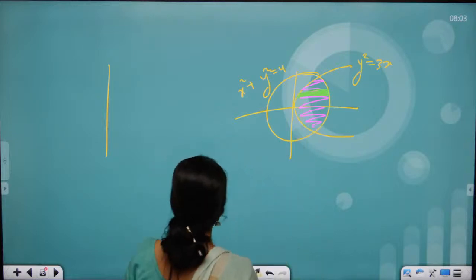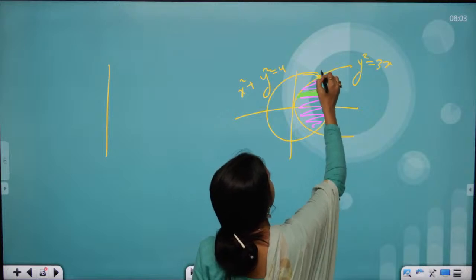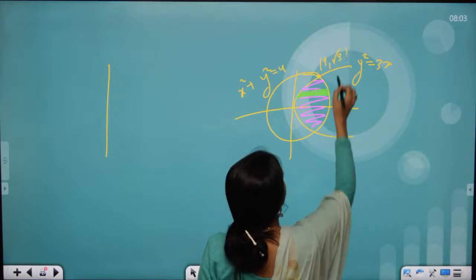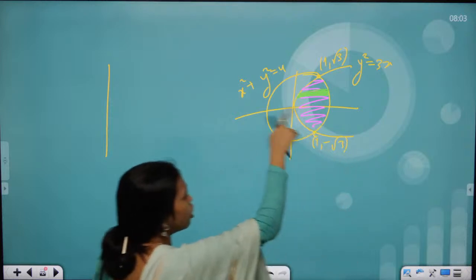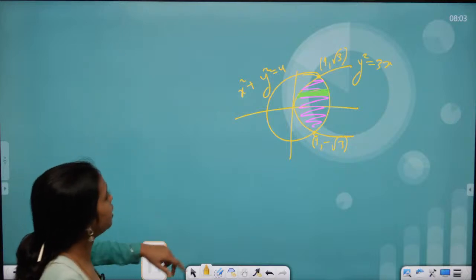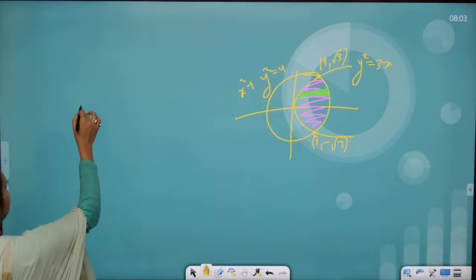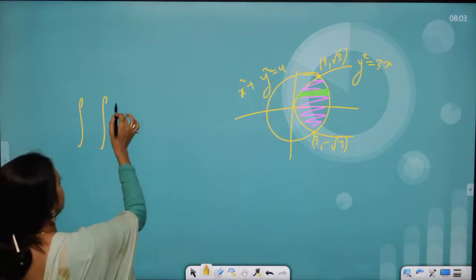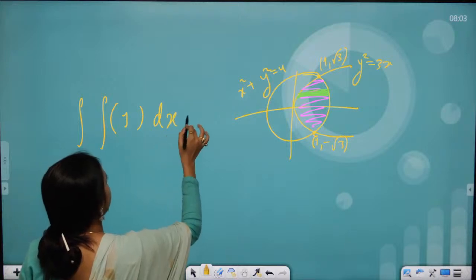Solving, this point is 1 comma root 3 and this point is 1 comma minus root 3. You can solve those two equations to get the point of intersection. After that, how is that horizontal strip helping you? Double integration of 1 dx dy.